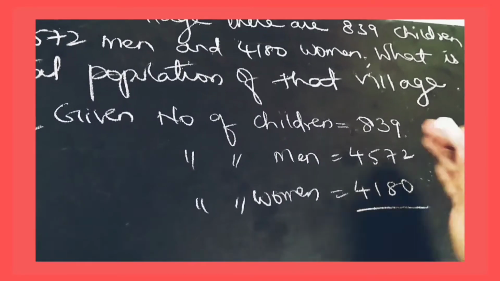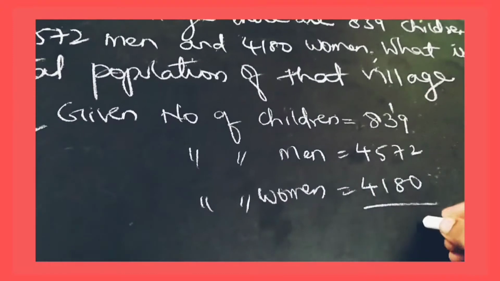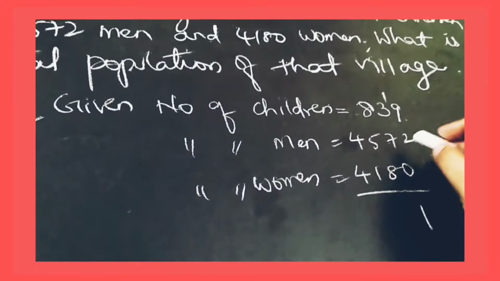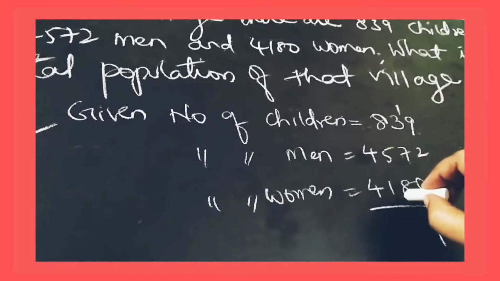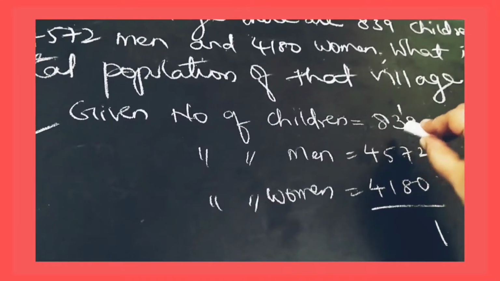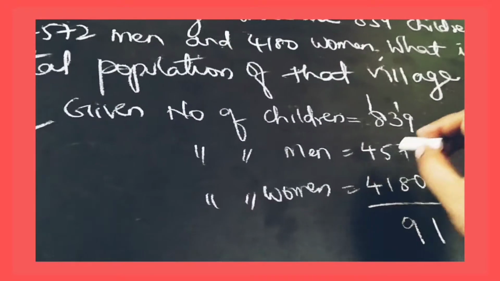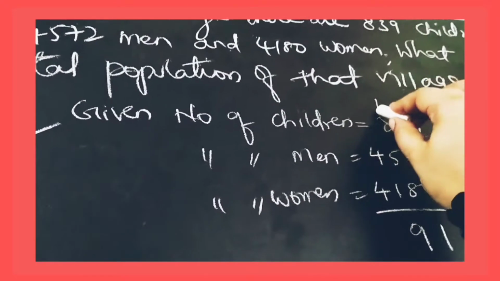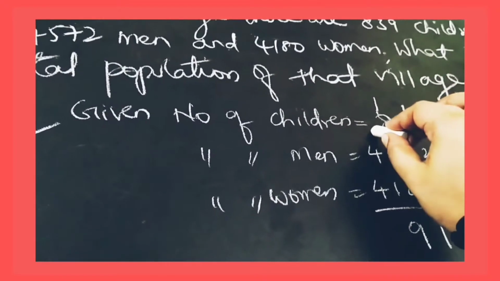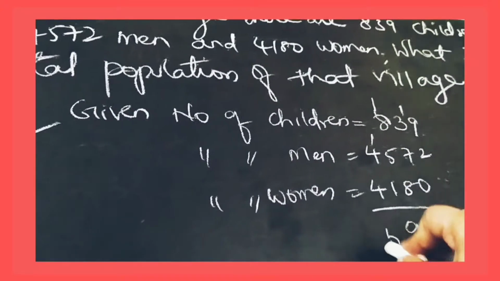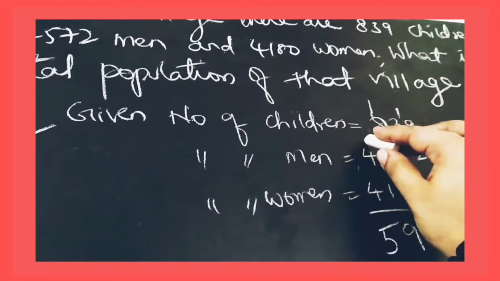So 9, 10, 11. It is 11. So 7 plus 1 is 8. 8 plus 8 is 16, 17, 18, 19. 5, 6, 7. 7 plus 8 is again here 15. 4 plus 4 is 8, 9.